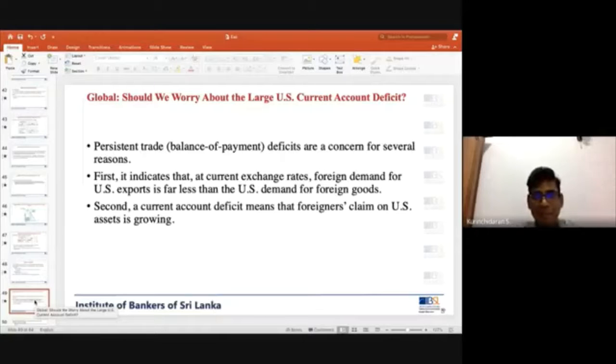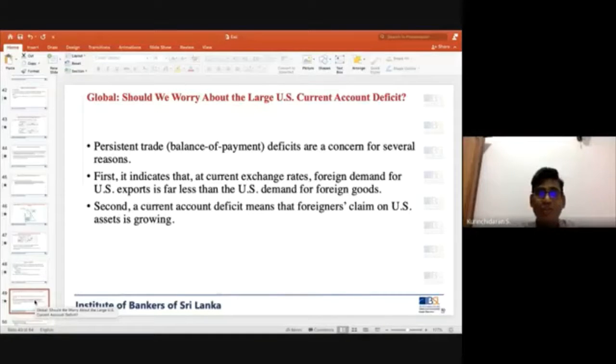Usually, a balance of payment or current account deficit may have two unwanted reasons or impacts. One, it indicates that at the current exchange rate, foreign demand for US exports is far less than the US demand for foreign goods.